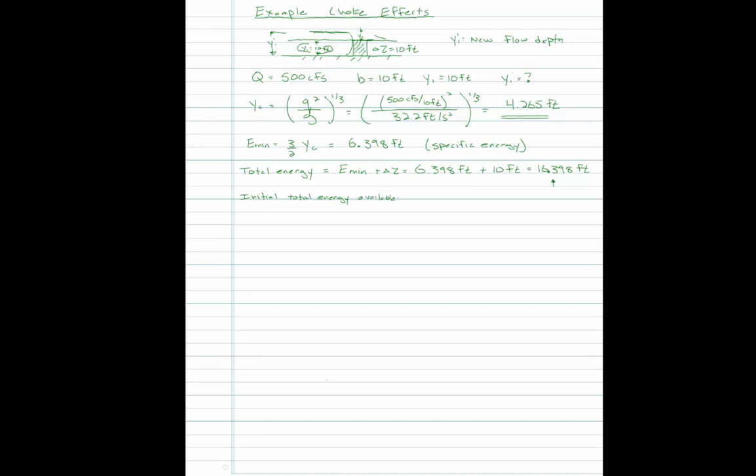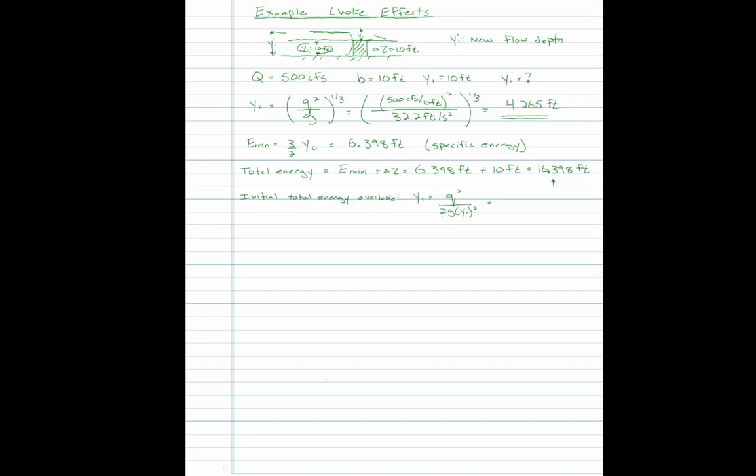Okay, that will be equal to y1 plus the velocity head term. And of course there are several ways to write the velocity head term. One of them is flow per unit width squared divided by 2g times y1 squared.